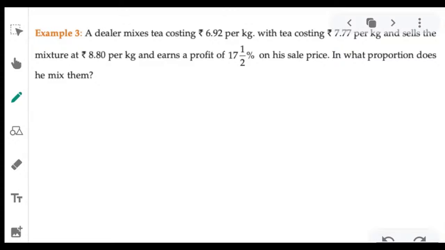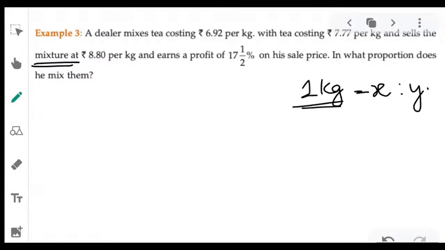Okay. So he's asking, if I have 1 kg of my whole mixture tea, what is the ratio of the first type of tea to the second type of tea? Because 1 kg is my total. What is the ratio in grams? That's what he's asking for.